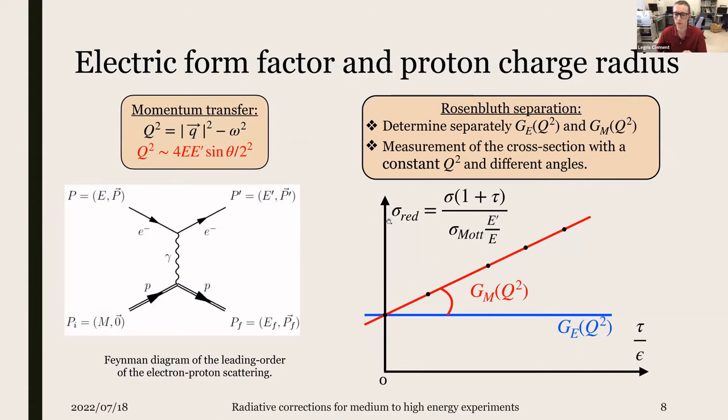So we express the reduced cross section using the Mott cross section and the tau and the beam energy. What we do is measure the cross section with a constant Q², but with different scattering angles. This will allow us to get separately the electric form factor and the magnetic form factor.